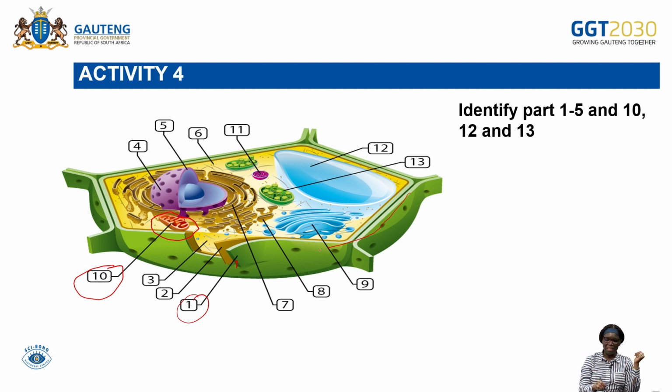It's making this plant cell to have shape. It's making the plant cell to be rigid. What do we call it? It's a cell wall. Oh, very good. Excellent. It's a cell wall. And then number 2.